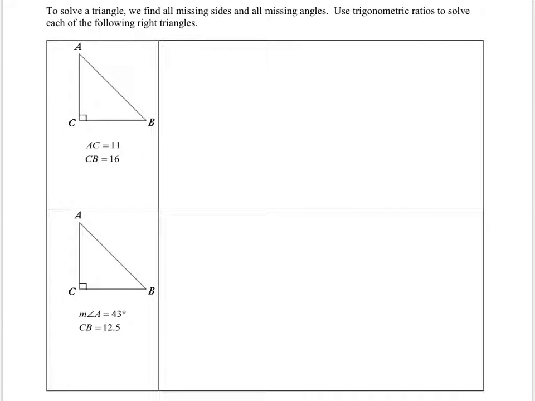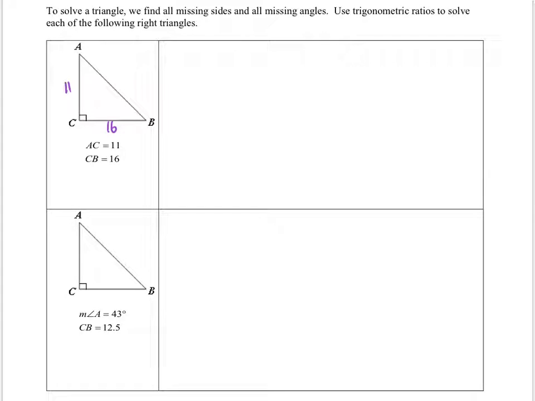Now, to solve triangles, we have to find all missing sides and missing angles. And the easiest way, if we are given some information, is to use the trigonometry ratios. So let's look at how we can apply that. Here we have AC being 11, BC is 16.